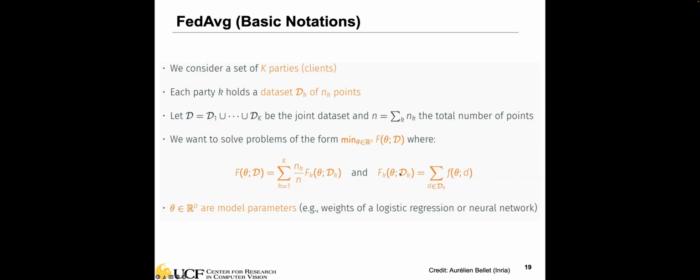So each client will have this loss objective, and the global model problem to solve is to minimize the total loss from all the K parties.